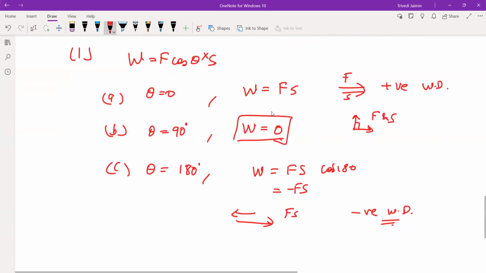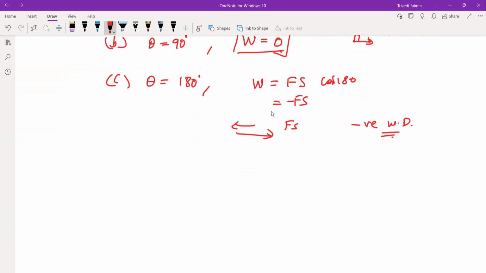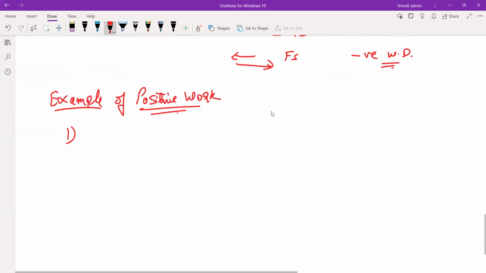Okay, so let's write some examples. Positive work. One example, we can say a free falling object. Force is acting towards the Earth due to gravity, and motion is also towards the Earth.